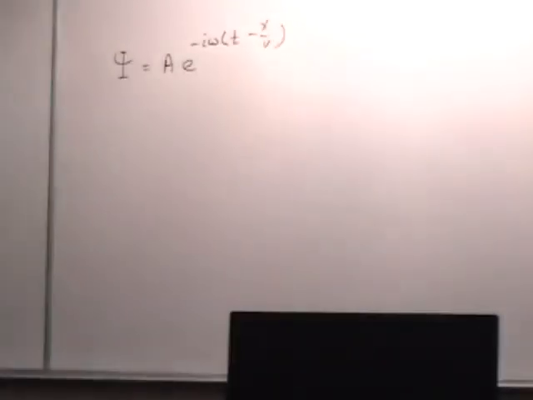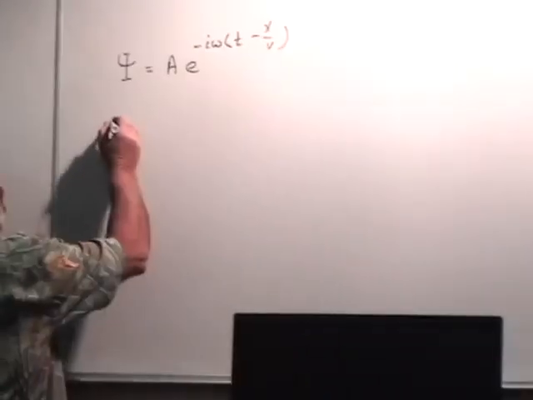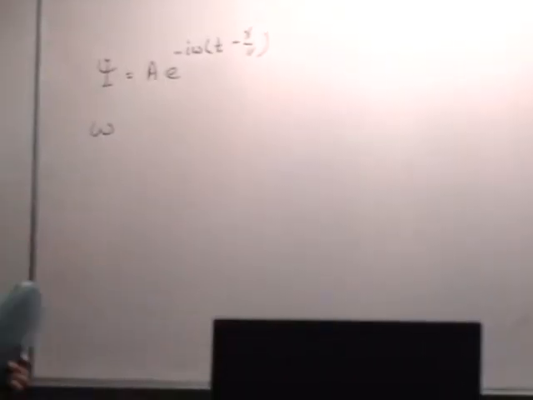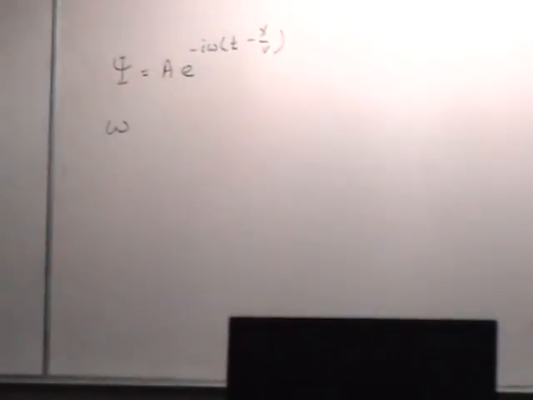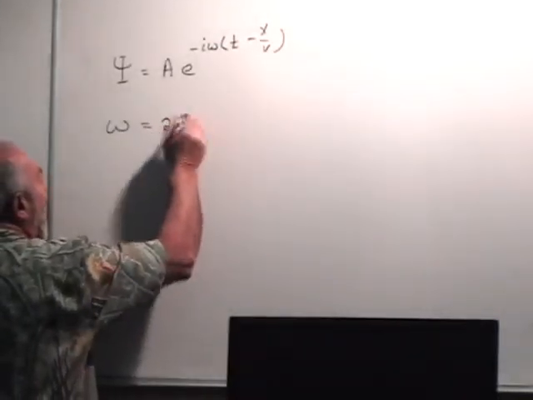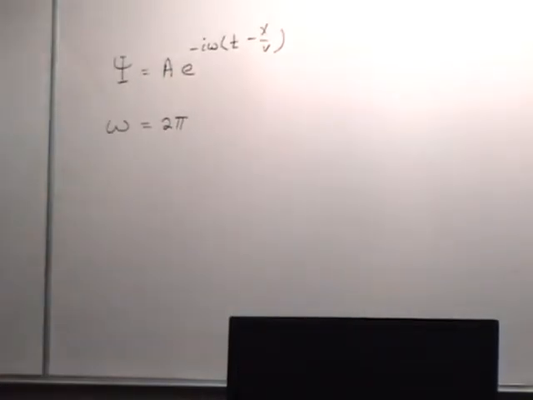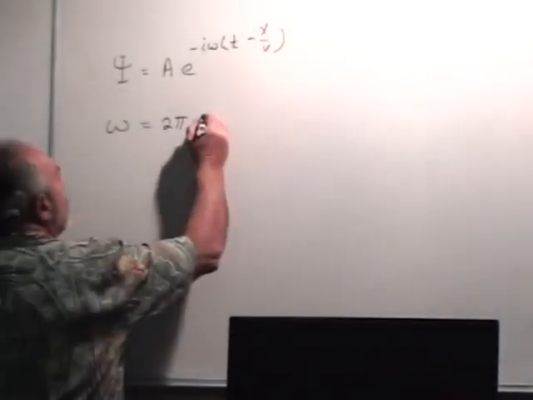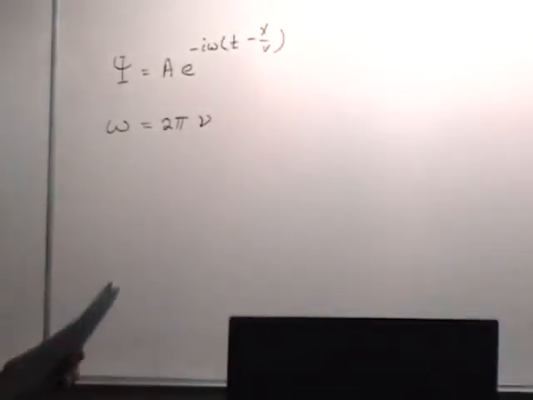Let's see. But recall that omega, do you remember the name? Angular frequency? That is correct. Omega is 2 pi nu. 2 pi, there's the angle in radian measure, times nu, which is the standard frequency.